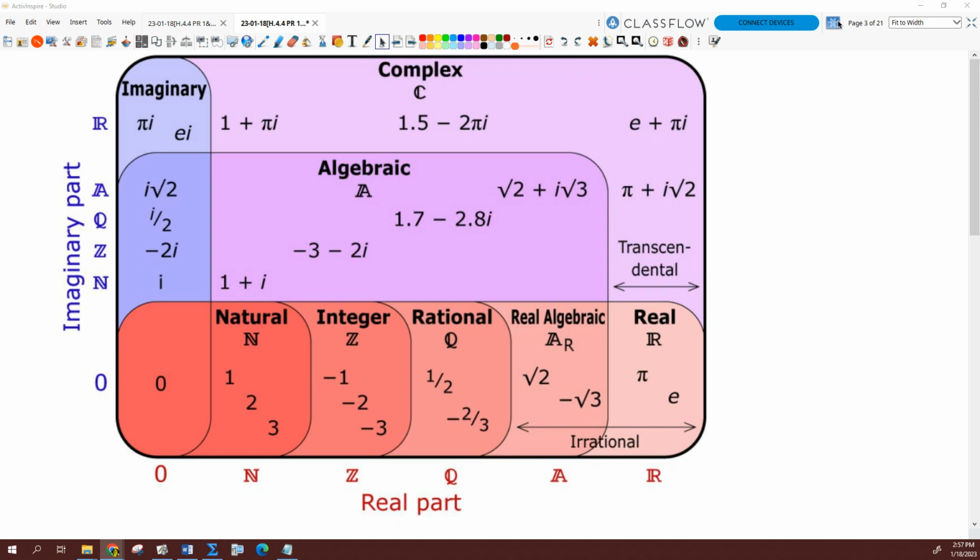Those include the irrational numbers. Okay, so the irrationals would be numbers that are real but not rational. Does that make sense? And then the set of real numbers includes a subset called the set of rational numbers. And we already know we can break that up into integers and natural numbers and whole numbers and all that stuff, right?